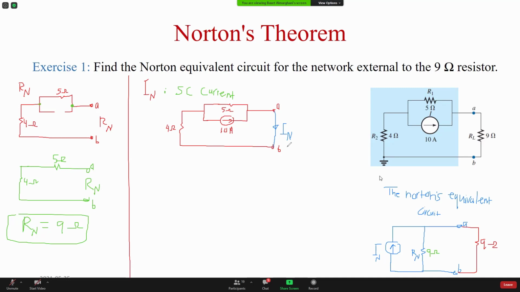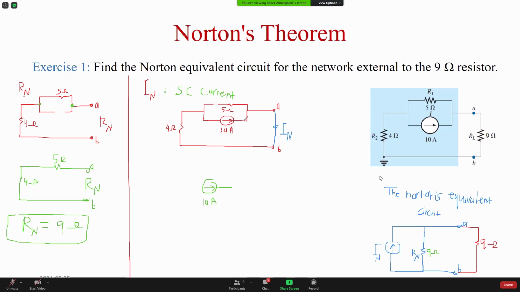Now I'm going to arrange this like this. Just rearrange the circuit. This is the 10 ampere source.